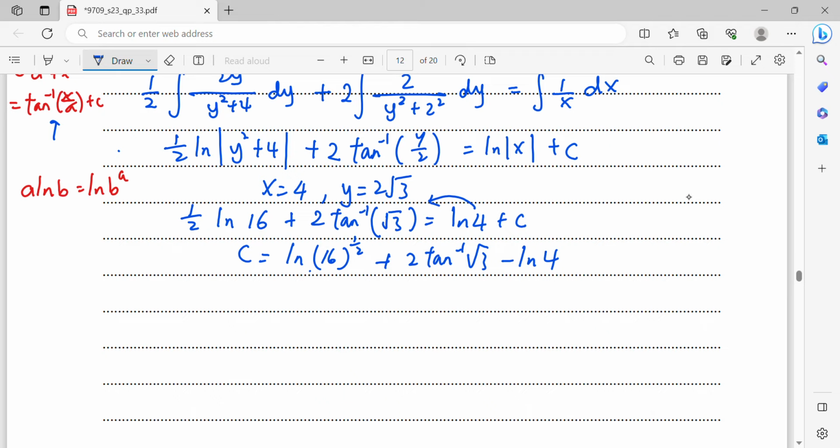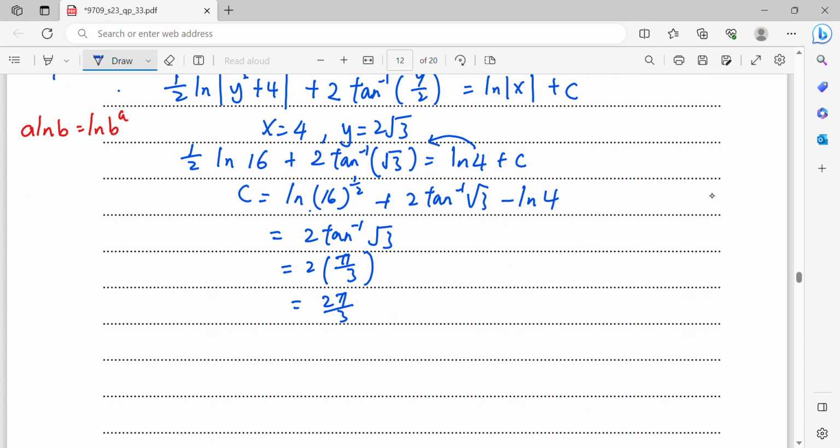So first and last term cancel off. You will get 2 inverse tangent root 3. Okay, now inverse tangent root 3 is basically pi over 3. Therefore, this is 2 pi over 3. That's your c. Once you found the c, substitute back into your equation, your general solution.